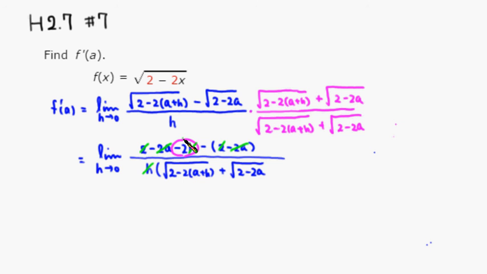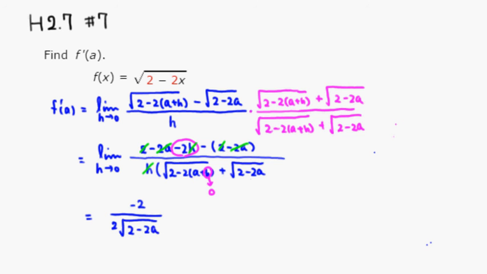Then we can let h go to 0. So here this h goes to 0. What's left would be negative 2 on top, and on the bottom you would have the square root of 2 minus 2a, and you have 2 of those, so you have 2 times the square root of 2 minus 2a.